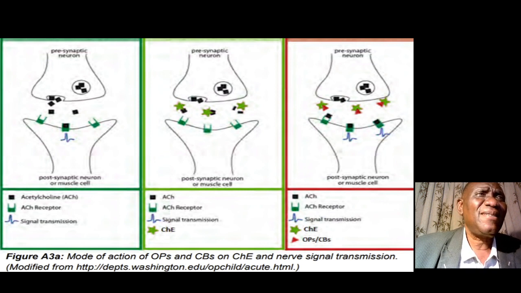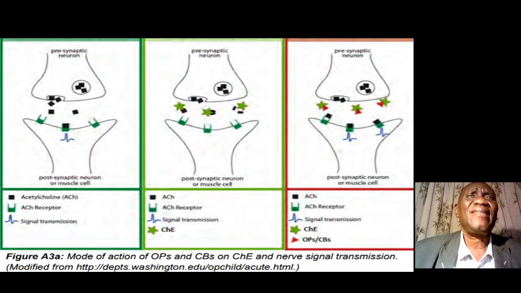If you put in an organophosphate to the insect, if you apply it, what will happen is that the enzyme is going to combine with the organophosphate, and the enzyme is not going to destroy acetylcholine. So acetylcholine will now accumulate in that space, meaning that the signals will continue to be fired.